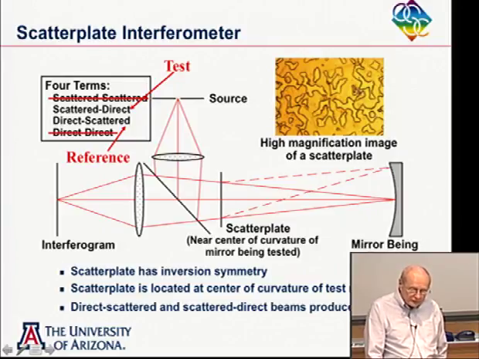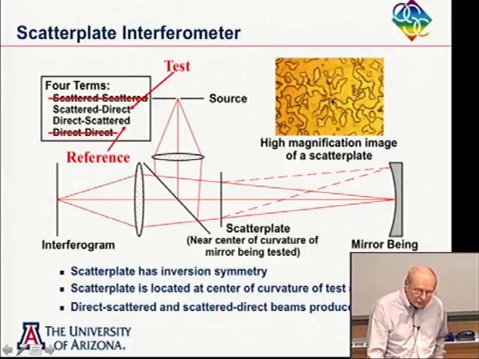So the scatter plate, it doesn't show it in this picture here, but there's always a crosshair or a dot or something that you can see with your naked eye showing where the center of the scatter plate is. And so when we put this in place here, we're going to want to look very closely, maybe with a magnifier, at both the scatter plate and the image of the scatter plate back on itself.